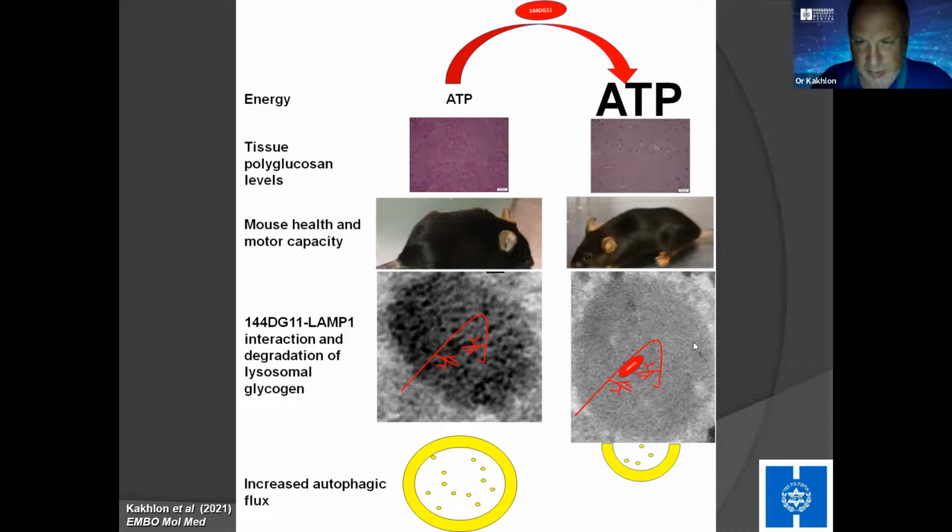This binding reduces the lysosomal glycogen, improves mouse health. You can see that it's more kyphotic before, and much less kyphotic and more agile after the treatment. Of course, it reduces polyglucosans in the tissues and increases energy level.